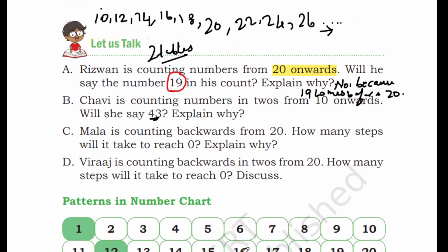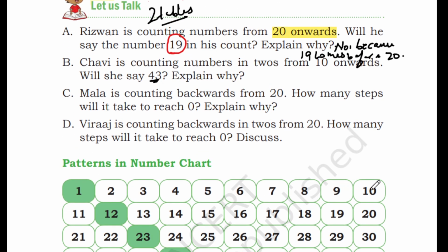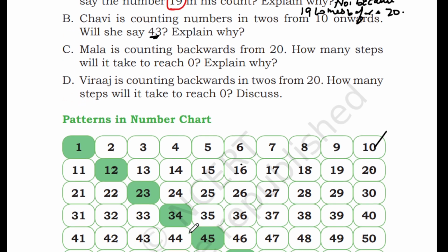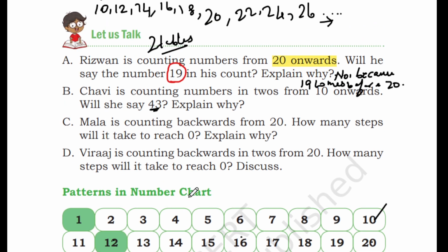If Chavi is counting from number 10, she will write 10, then 12, 14, 16, 18, 20, 22, 24, 26, 28, 30, 32, 34, 36, 38, 40, 42, 44. And she will not count the number 43, right? So the answer is no.